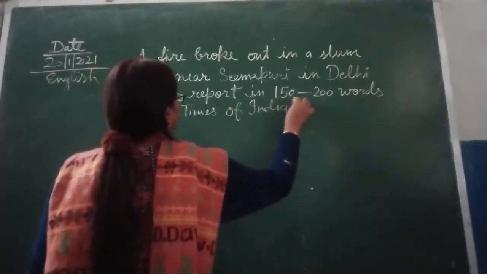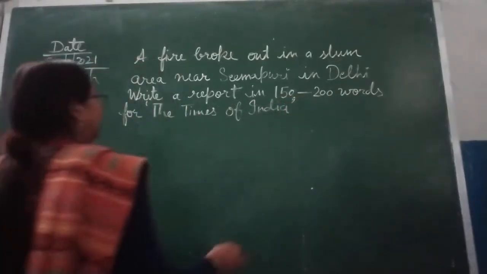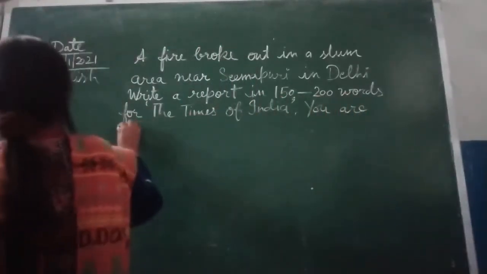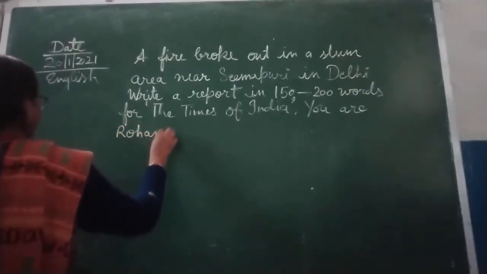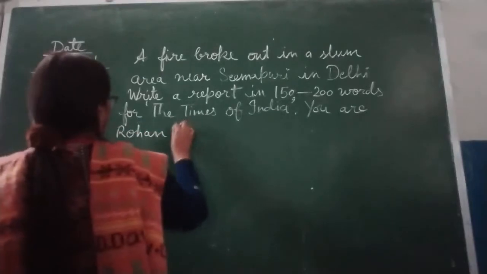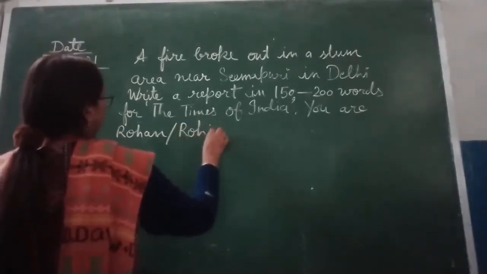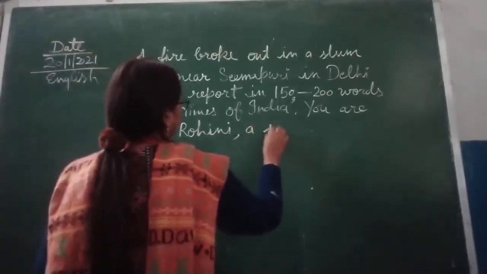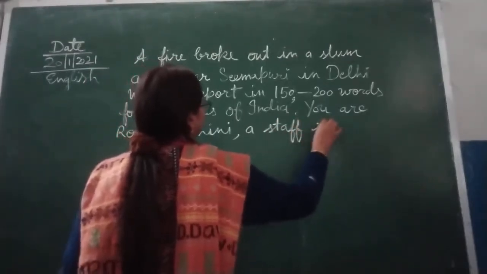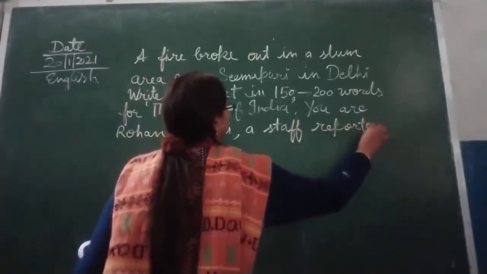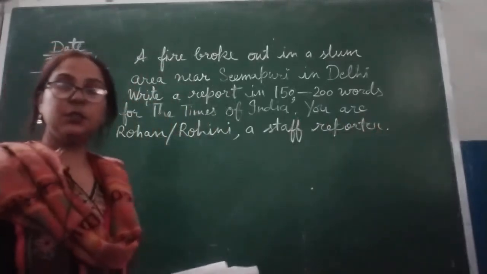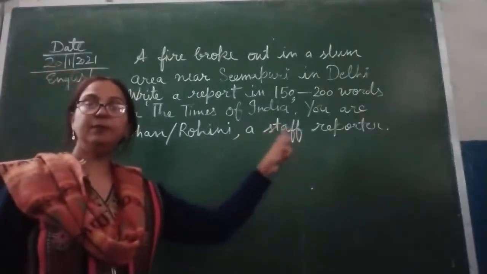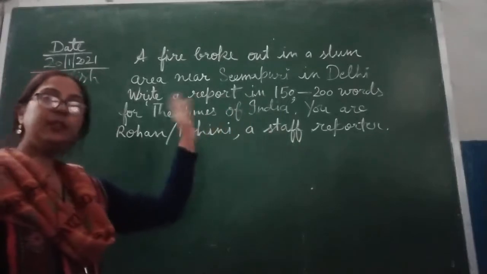This is a renowned newspaper, and you are Rohan. This situation will be given in your examination. If you are a girl, you can imagine yourself as Rohan or Rohini, a staff reporter. Okay children? Now the situation is already given, and your name will be mentioned over here. So everything is here.